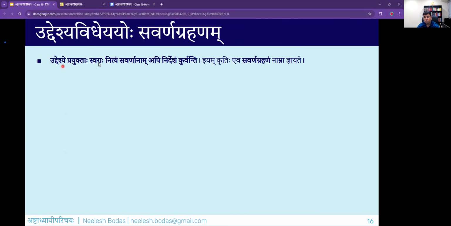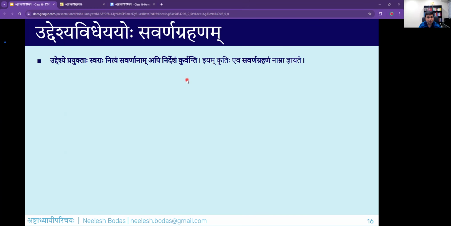So if a swara is used in the uddeshya, it will always do savarna grahanam. So uddeshe prayuktaha swaraha nityam savarna grahanam kurvanti. This is the reason why uddeshya and videya need to be understood properly. Because unless you understand what is an uddeshya and what is a videya, you cannot decide the savarna grahanam result.